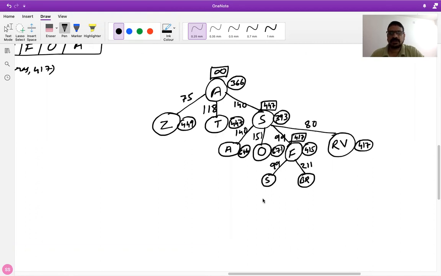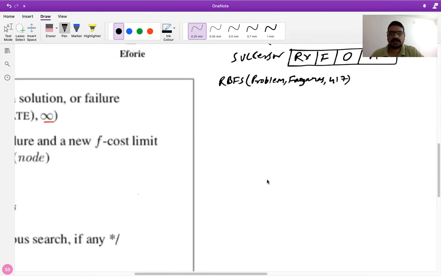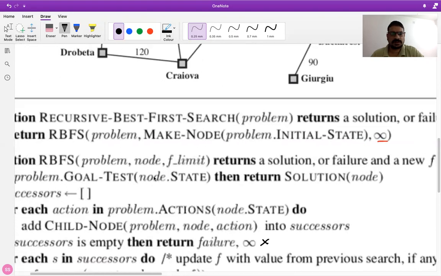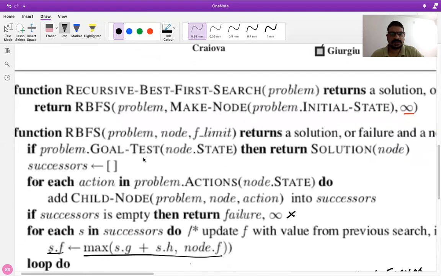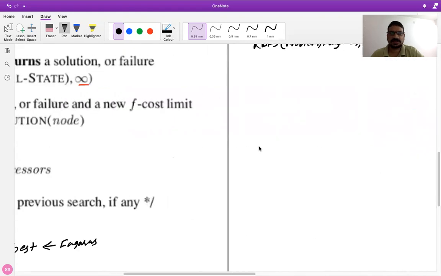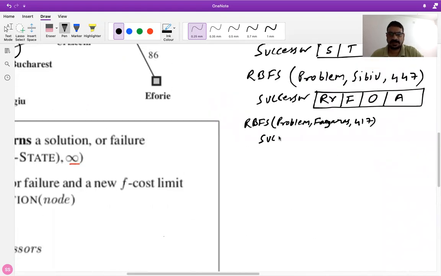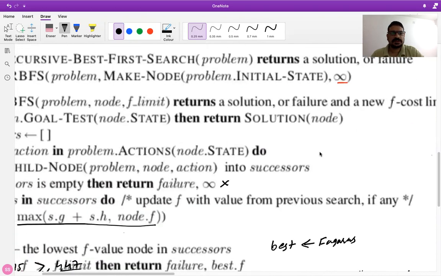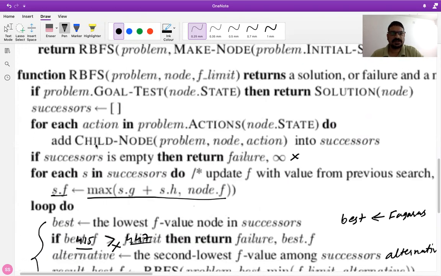Right? Now we have taken the child, and then the successor should be empty. We have two, either Sibiu or Bucharest. Then I'll see whether the successor is empty. No, not at all.